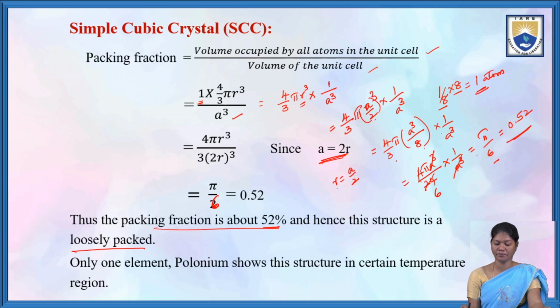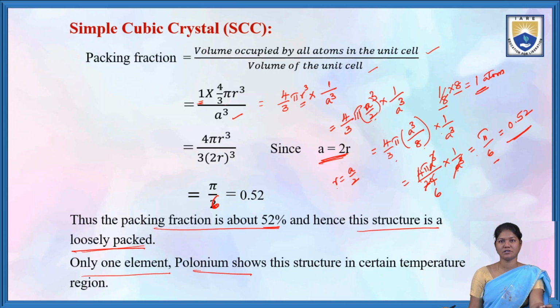So this structure is loosely packed. Only one element, polonium, shows this type of structure in a certain temperature region. So this is all about the simple cubic crystal.